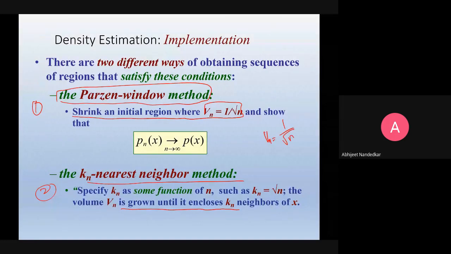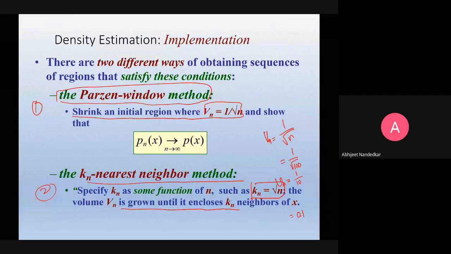So if you have 100 samples, the square root of 100 is 10, so the volume is 1 by 10, that is 0.1. The other way is the growing window, where we assume k is equal to square root of n.